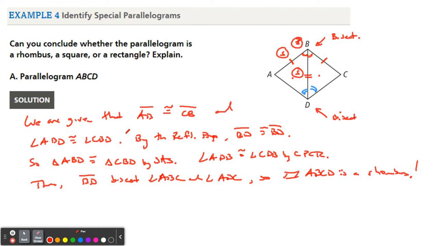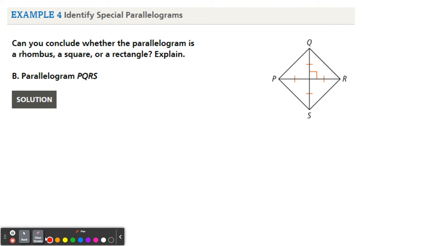Okay, so you can see how they're each like little mini proofs, yes? Okay. Next. All right, so same thing. Can we conclude it's a rhombus, square, or rectangle? So in this picture, what am I given? I see the perpendicular diagonals.